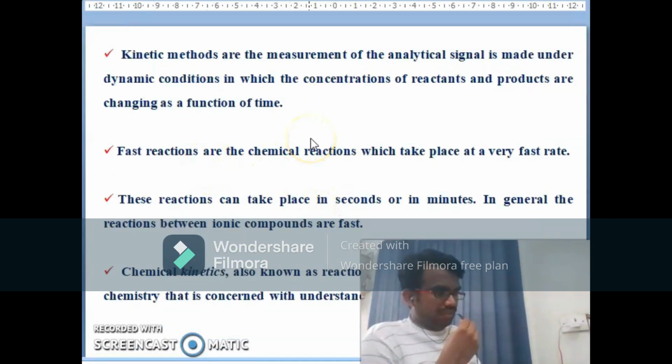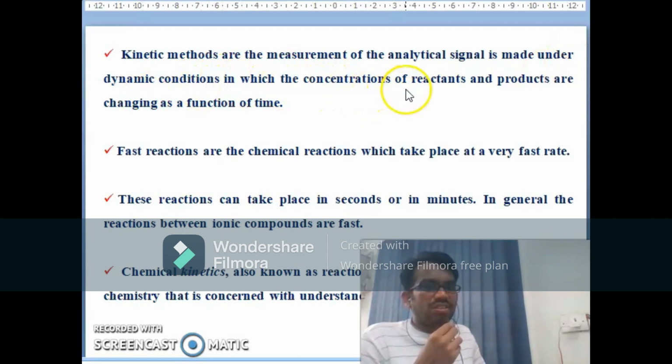What is kinetics? Kinetics means nothing but rate determination. So kinetic methods are the measurement of analytical signals made under dynamic conditions in which the concentrations of reactants and products are changing as a function of time.